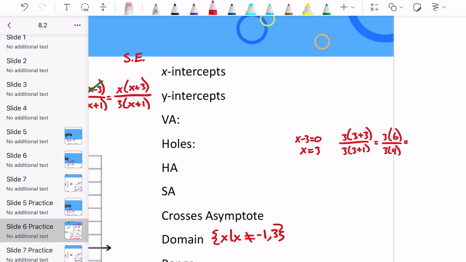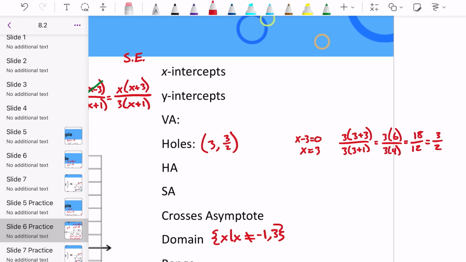We can multiply it out and get 18 over 12, or we can cancel off the 3's from the numerator and denominator. 3 times 6 would be 18 over 12, which simplifies to 3 over 2. Our hole in this case would be at (3, 3/2). That can be written as a fraction or as a decimal, whichever is easier for you to draw.